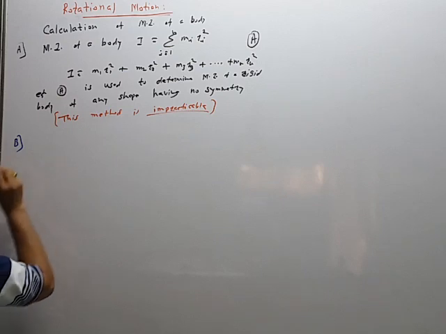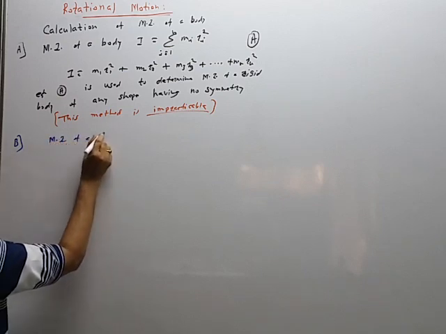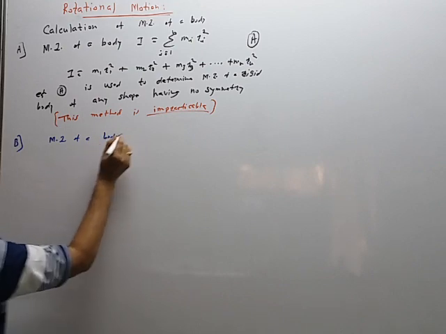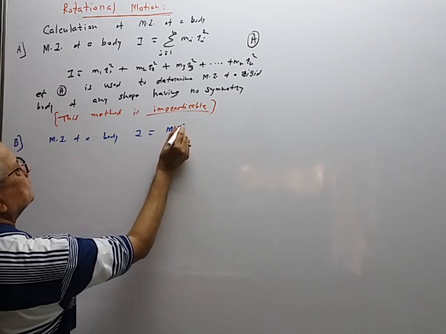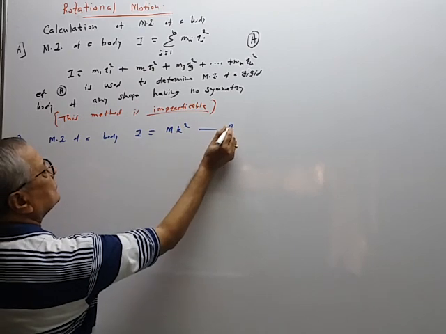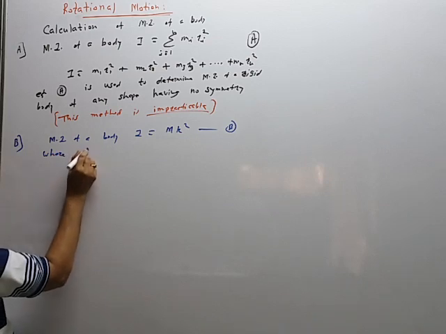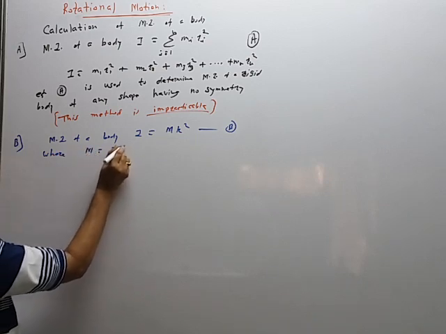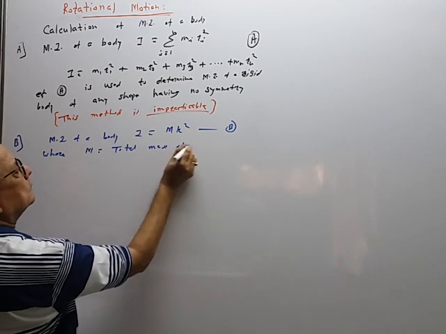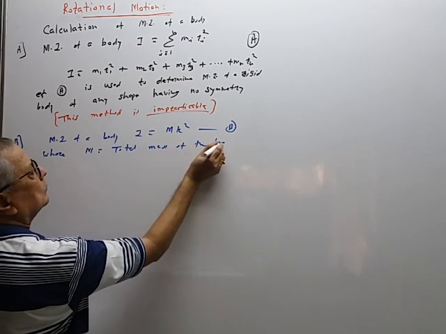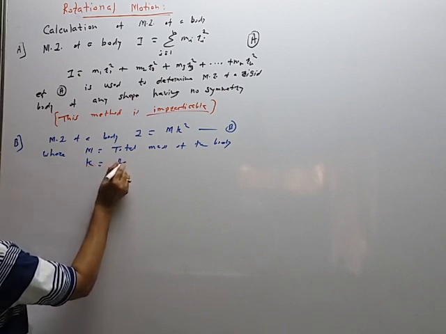B. MI of a body I is equal to m k square. Say this is equation B, where m is equal to the total mass of the body, and k is the radius of gyration.